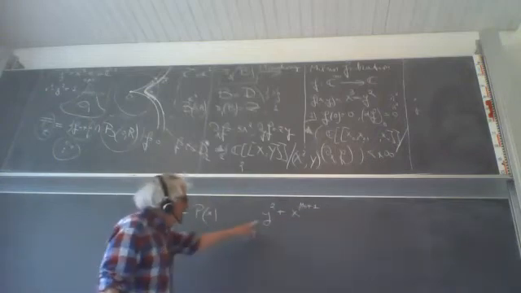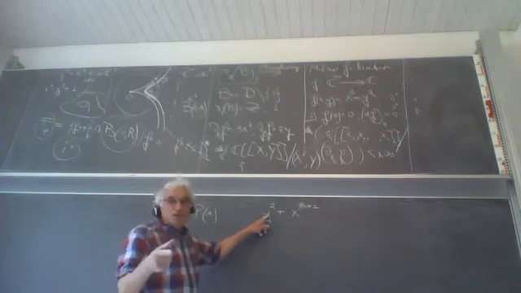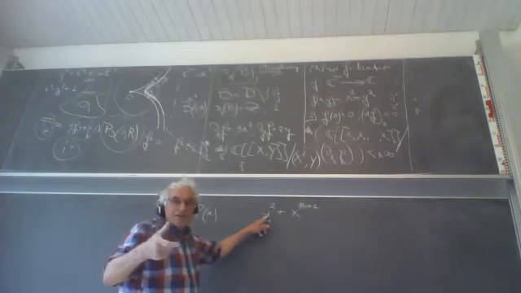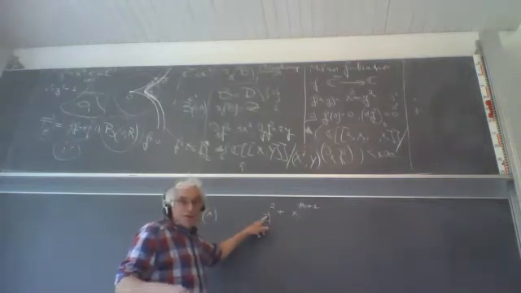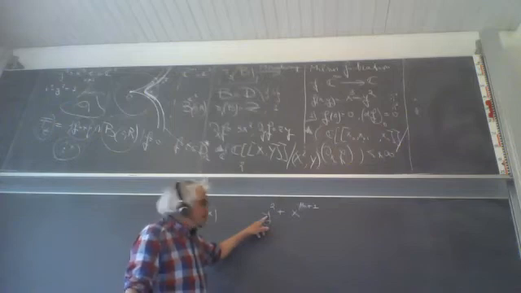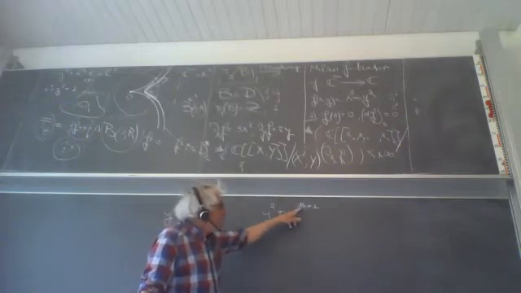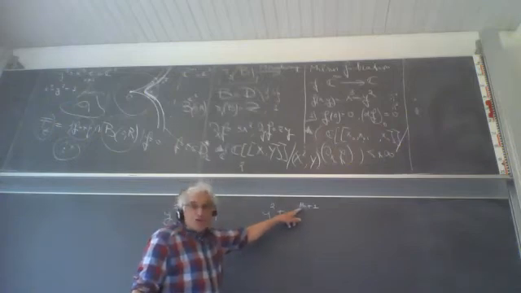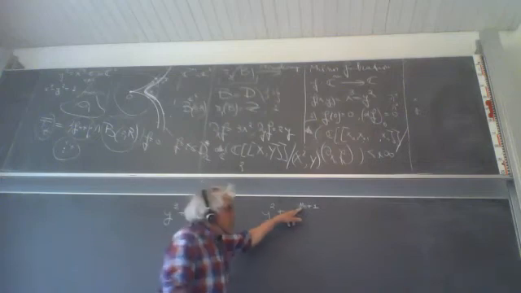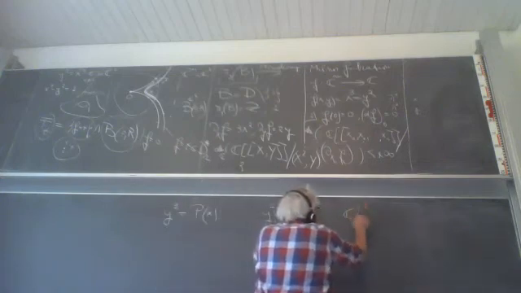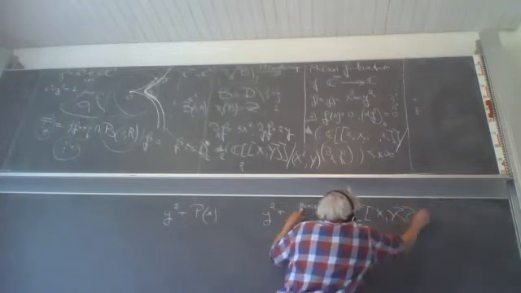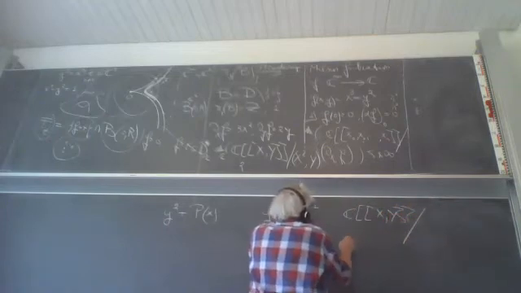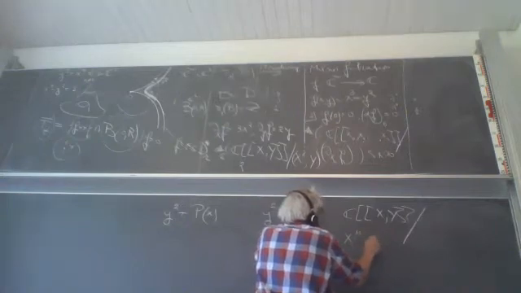You can see immediately, if we do power series and partial derivatives, that y goes away because 2y is a partial derivative, and x to the power mu is also a partial derivative. So we have C[[x, y]] modulo x to the power mu and y.